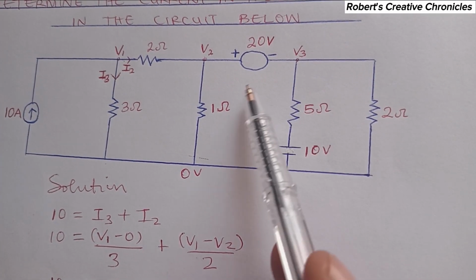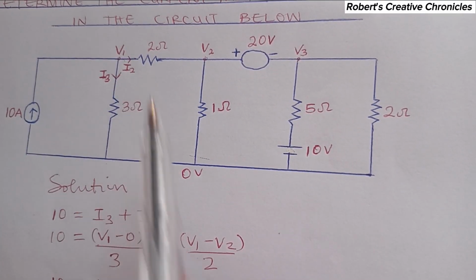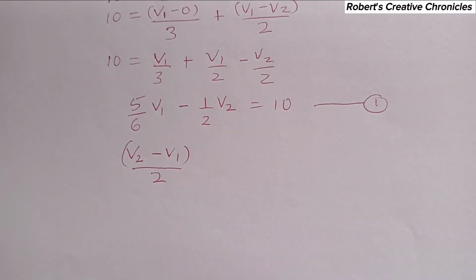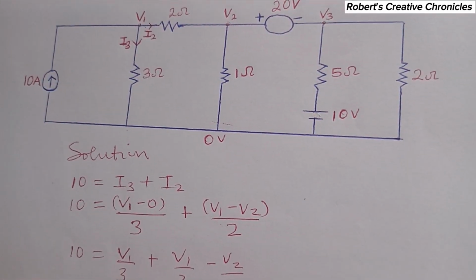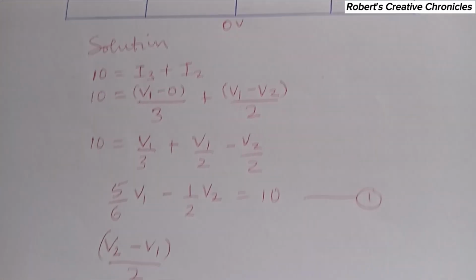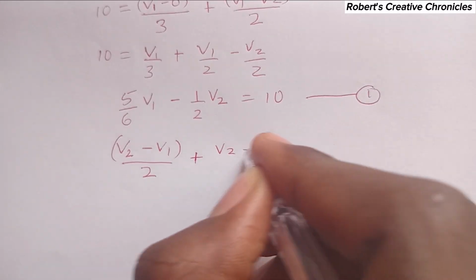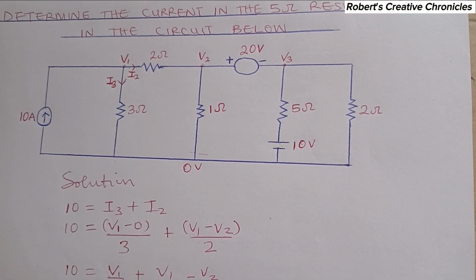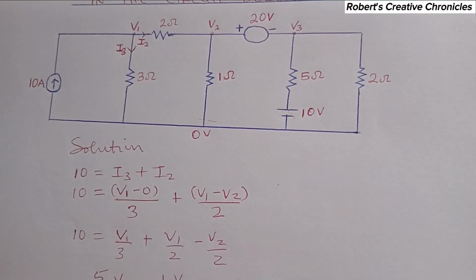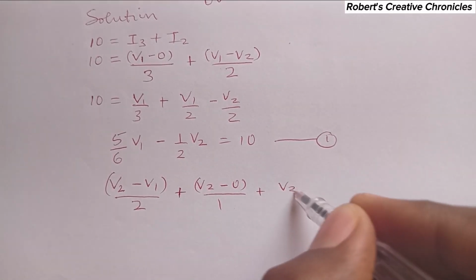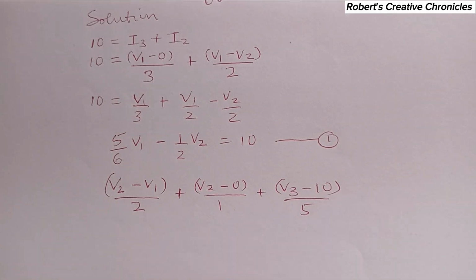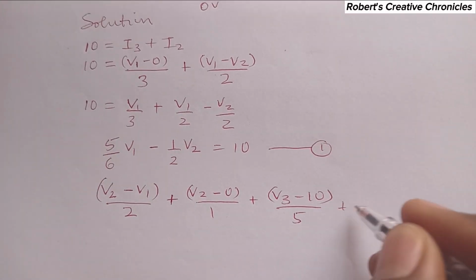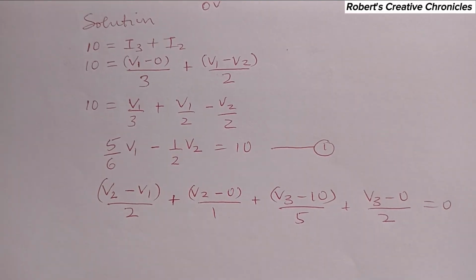Then, applying KCL to the supernode now, it will be V2 minus V1 over 2, then V2 minus 0 over 1, then V3 minus 10 over 5, then V3 minus 0 over 2, equals 0.